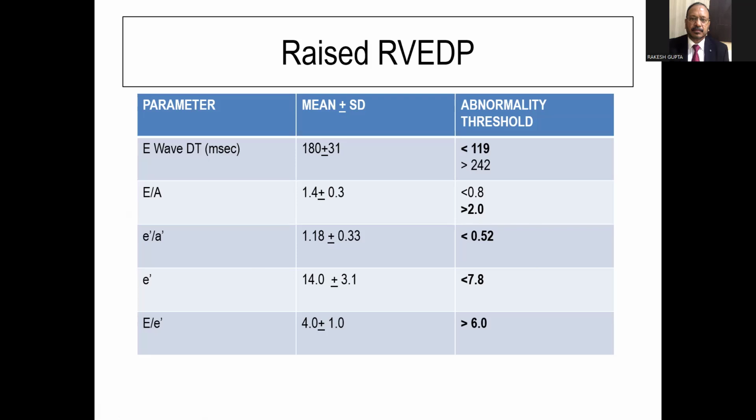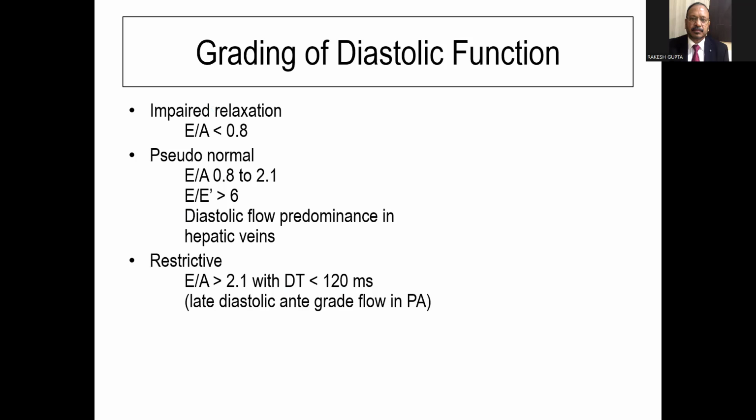Otherwise, how do we look at raised right ventricular end diastolic pressure? Just looking at the RA itself will give a very good idea. Another thing is we can look at the E to E prime ratio at the level of the RV free wall. If it's more than 6, it means RA pressure or right ventricular end diastolic pressures are elevated.